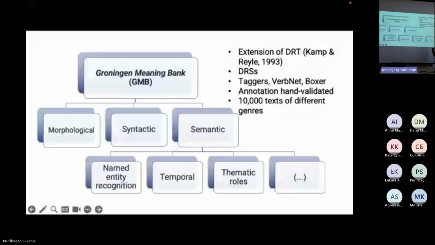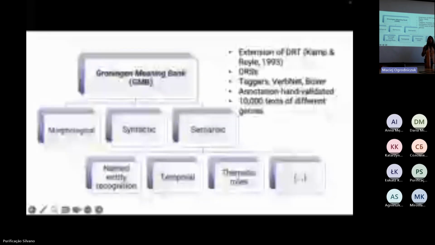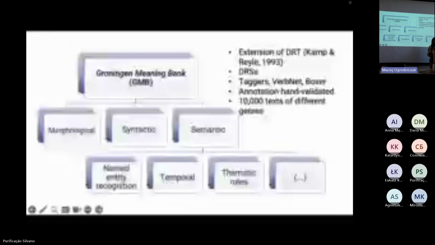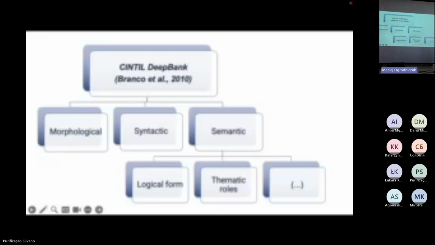They only use DRT, discourse representation theory from Kamp and Reyle, to represent events and states, and they don't annotate specific properties of events that can be relevant for establishing temporal relations and discourse relations. So we also left this out.